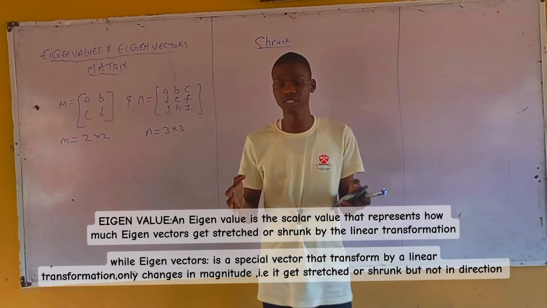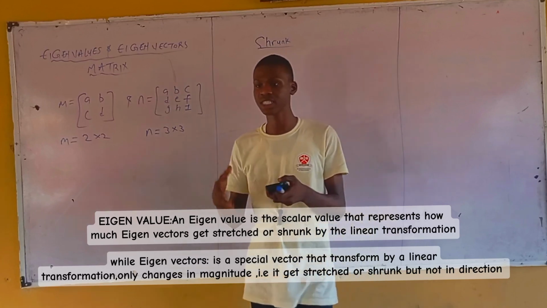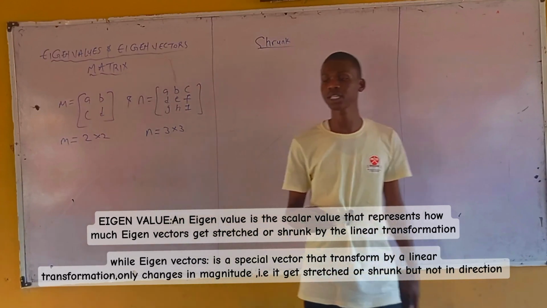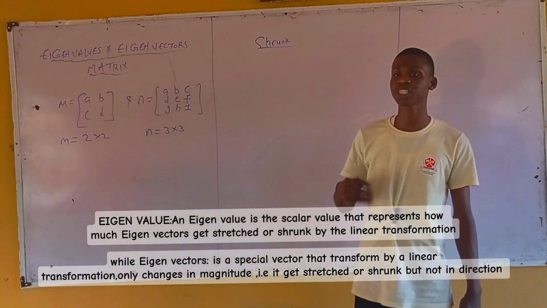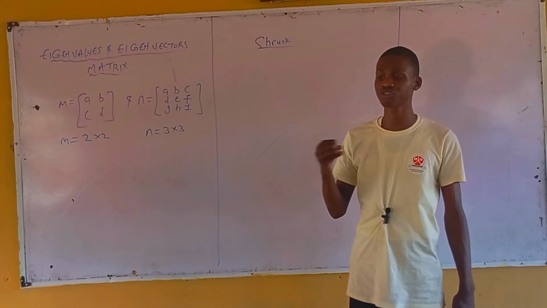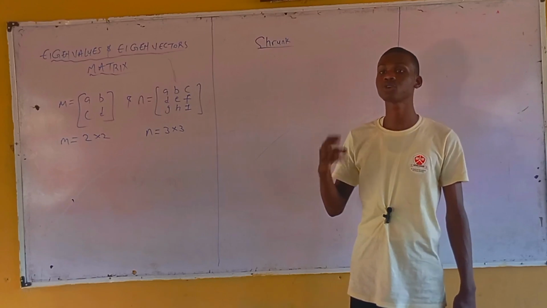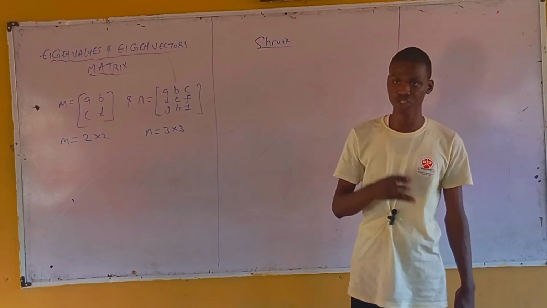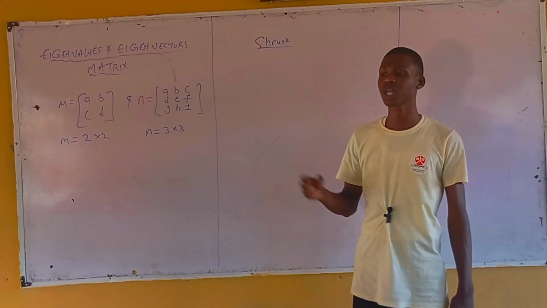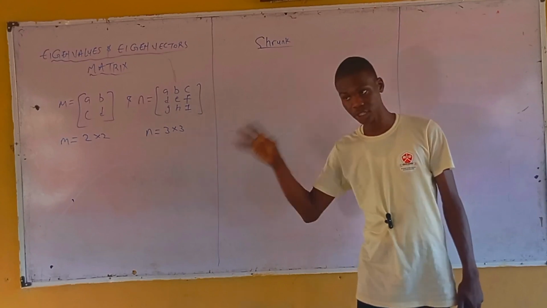It also gets stretched or shrunk, but not in direction. We are saying that eigenvectors are special vectors, right? What happens to them? They get stretched and shrunk also, but it only changes in magnitude, not direction. Are you getting me? So that's the difference between eigenvalue and eigenvector by definition.